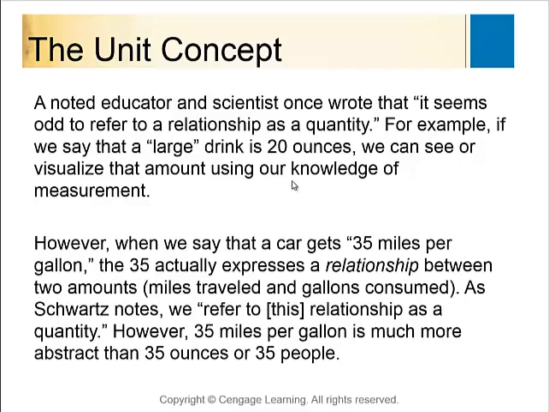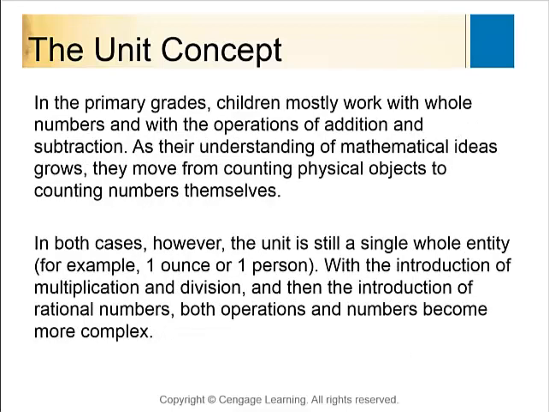So we're looking at, in this first example, if we're just looking at 20 ounces, we know what that is. That's just one quantity. However, down below, when we're talking about 35 miles per gallon, what does that actually mean? Well, it actually means 35 miles for every 1 gallon that we go, and it's a little more abstract than saying I have 35 ounces or 35 people that I'm discussing.